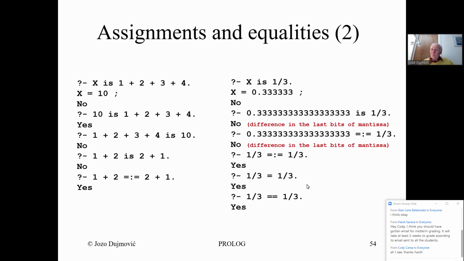However, if you check whether arithmetically 1 divided by 3 is 1 divided by 3, yes, they are the same, because when you divide them, the result will be whatever is the pattern in memory, same on the left-hand side and the right-hand side. And also, if you consider these as constants that pattern match, they are going to pattern match, and also they are going to be pointer identical because these are the same constant.